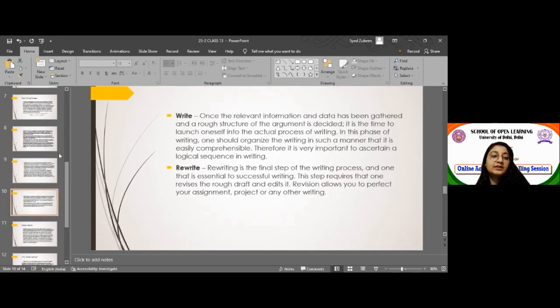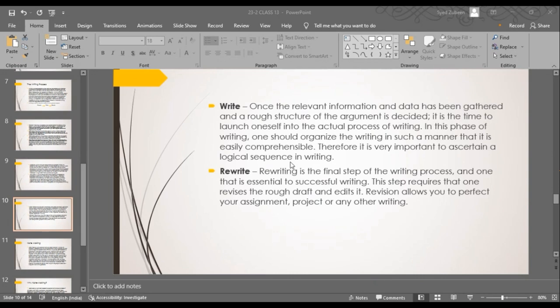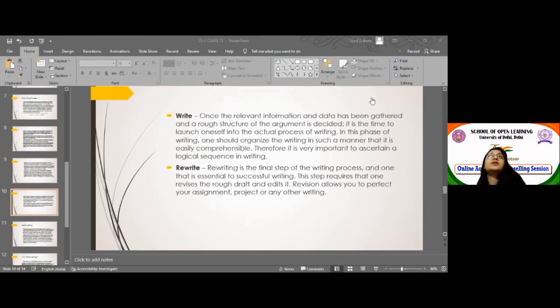Right. So then we have, of course, the writing stage. The writing stage is when everything comes together, right? When all the relevant information, all the data, or the surveys, or the interviews that you have done, and all the information that has been gathered and put together in the outline needs to be written out, right? So what is the writing stage?